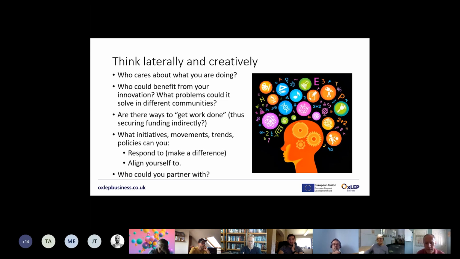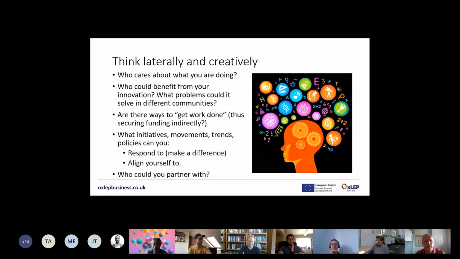If you are in a very narrow field and you only search using your own terminology and frame of reference, then you're going to be lucky to find something. But if you broaden it out and say, well, actually, my work could contribute to this aging population challenge, so let's look there for funds, even though they're not talking about my innovation or my technology. So try and do stuff by the back door, if you like.